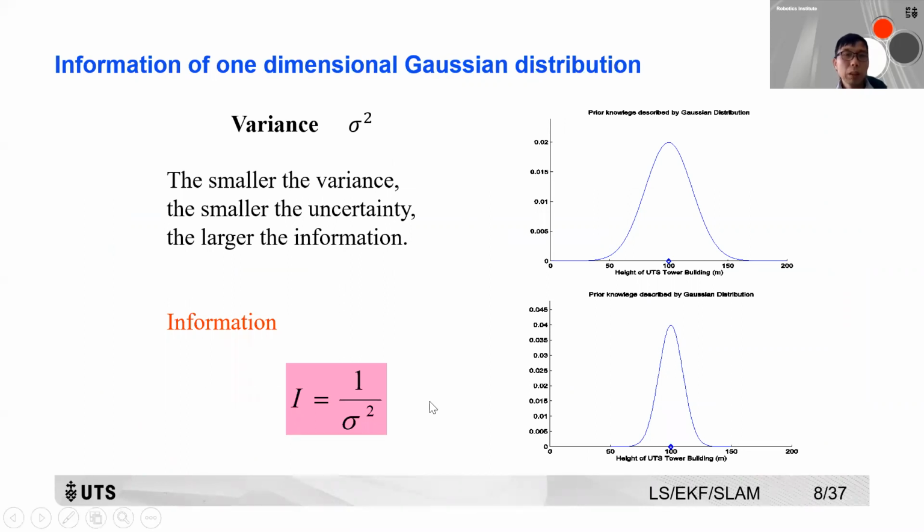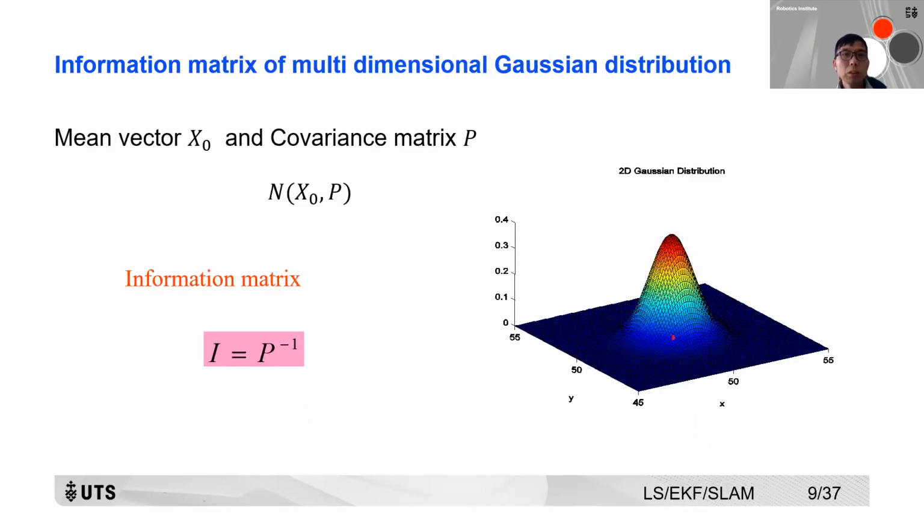The information of a Gaussian distribution is just the inverse of the variance in the 1D case, because a smaller variance means smaller uncertainty, and smaller uncertainty means larger information. This is for the 1D case. For the high dimensional case, we have the inverse of the covariance matrix, and we call it the information matrix.